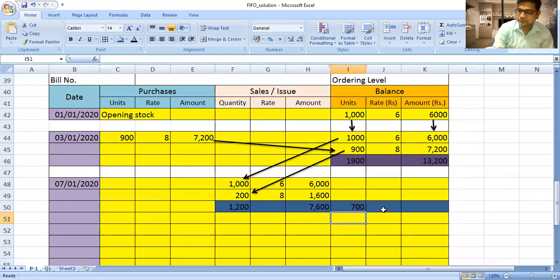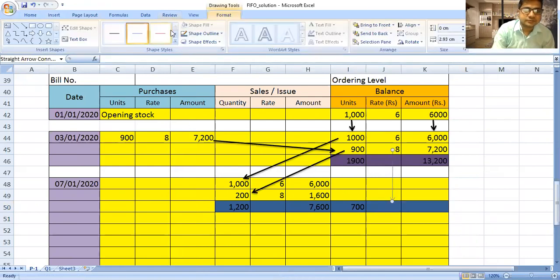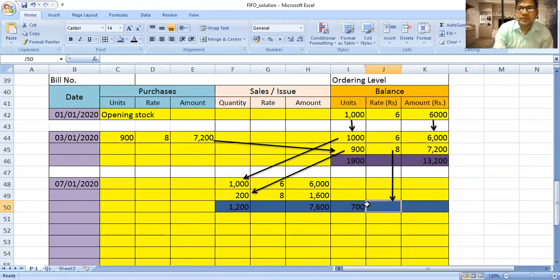The rate of 8 rupees was there, and we have to consider the same rate for these 700 units, because these 700 units belong to the 900 units.